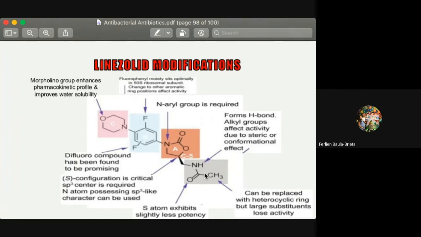The fourth one is our alkyl groups. Okay, we have here our carbonyl, and then we have here our methyl, and then our amino. So we should not replace it with heterocyclic ring with large substituents because it can lose activity.